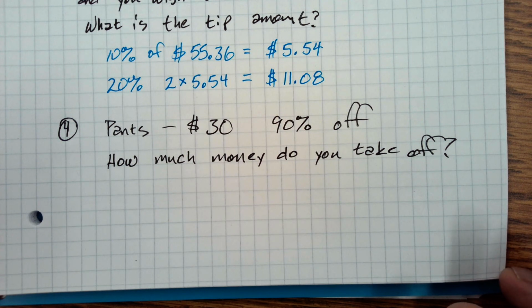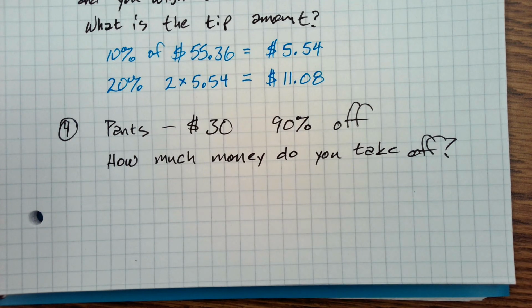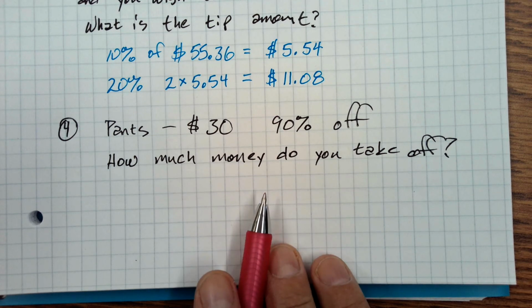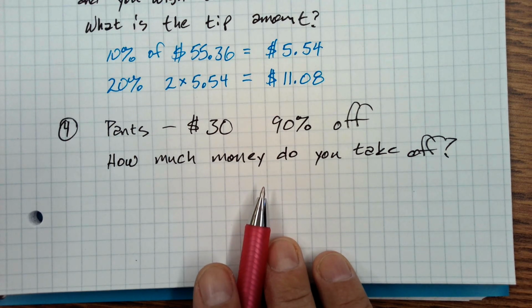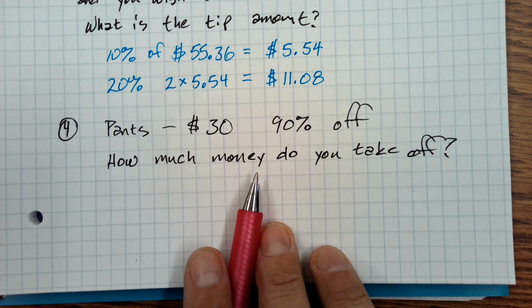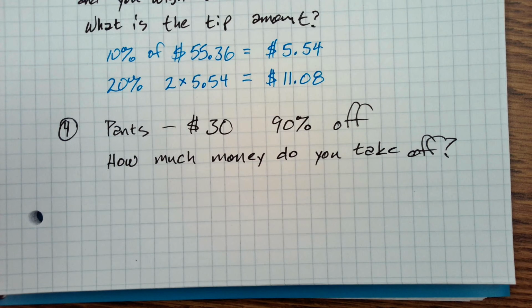Jasmine, I'll give you a shot first. 0.90 times 30, and then subtract that from 30. Okay. Or you can find 10% of 30 and then multiply that by 9.